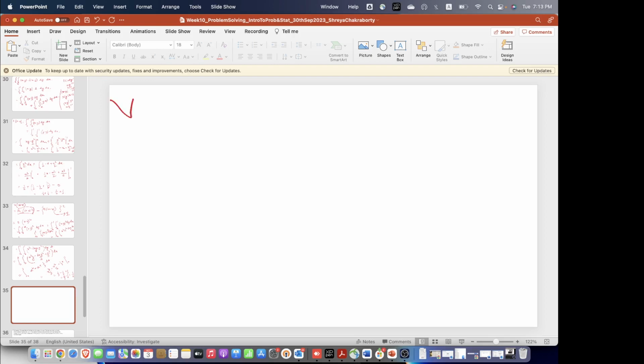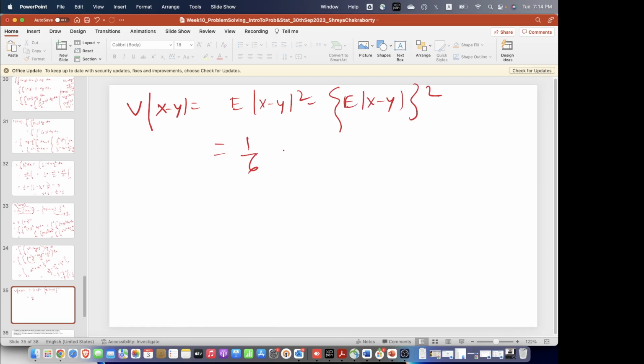So now once we have this, variance of x minus y is expectation of x minus y whole square minus expectation of x minus y entire thing whole square. So this thing is 1 by 6 minus 1 by 3 whole square. So this one would be 1 by 6 minus 1 by 9. So here we would have 18, 3 minus 2.